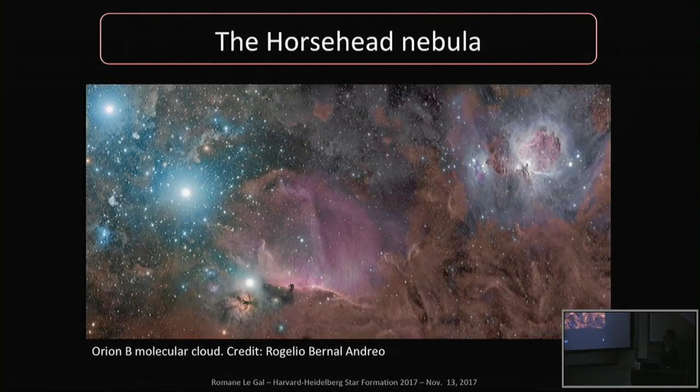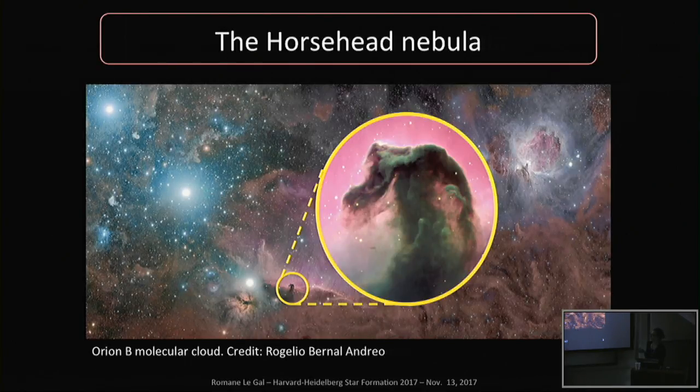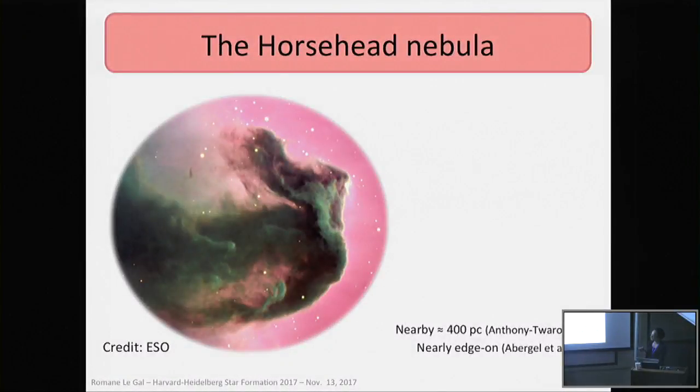The Orion Bar is a photodissociation region situated in the Orion B molecular cloud, approximately 400 parsec from us. The particularity of this photodissociation region is that it is seen nearly edge-on.